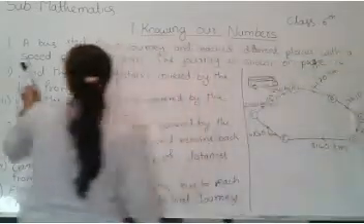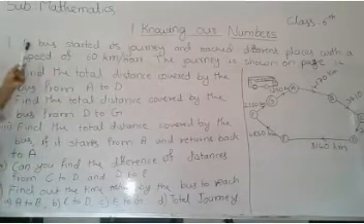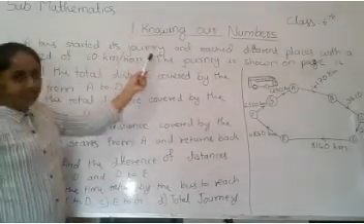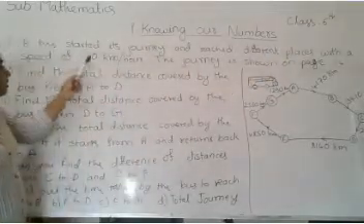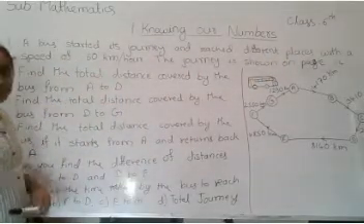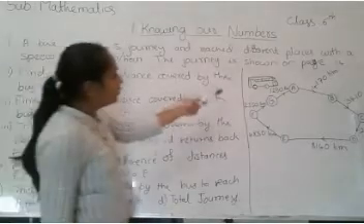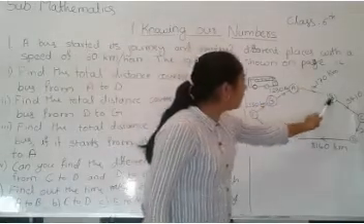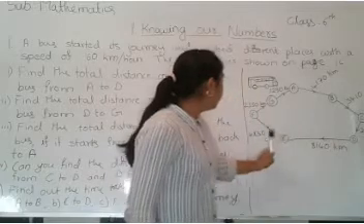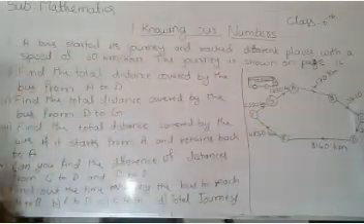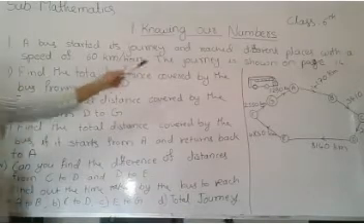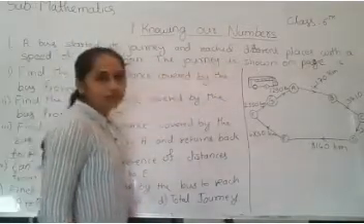First I will read this question. A bus started its journey and reached different places with a speed of 60 km per hour. Here the different places are A, B, C, D, E, F, G, and last A. The journey is shown on page 40.